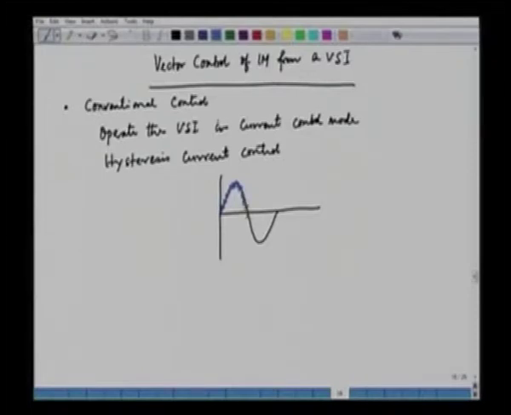So, the actual current tracks the reference current within a hysteresis band. So, we can define a hysteresis band here. We can have an upper band and we can also have a lower band, and actual current is confined within these 2 bands.